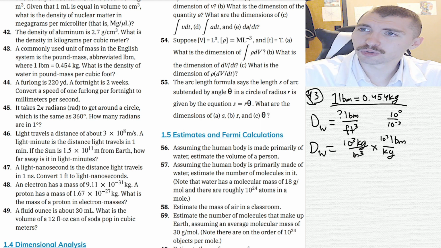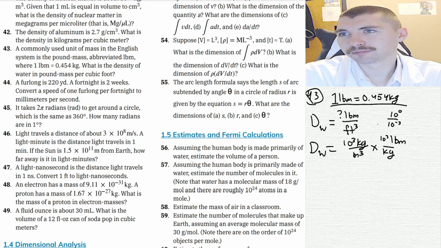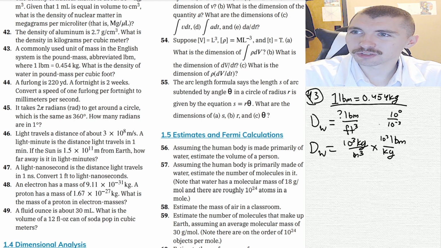So 0.454 is 4 times 10 to the 1. It's closer to 10 to the 0 or 10 to the negative 1, I would say. So 1/2.